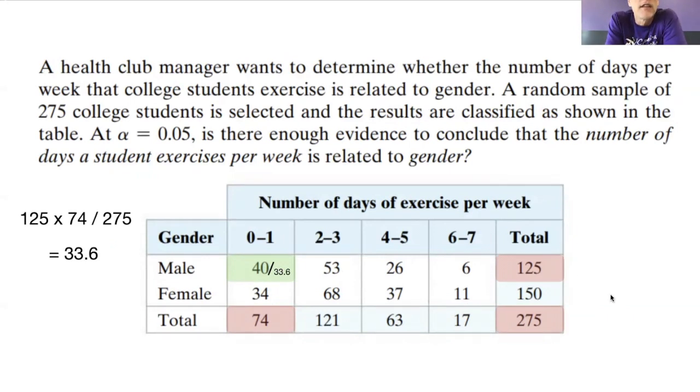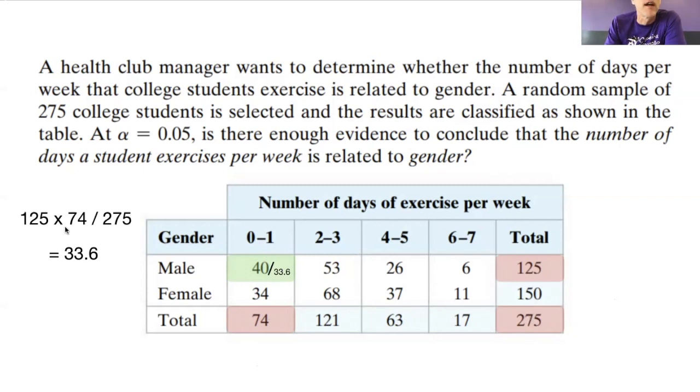To calculate the expected count, just remember this simple formula: we take total times total divided by grand total. Order doesn't really matter here.